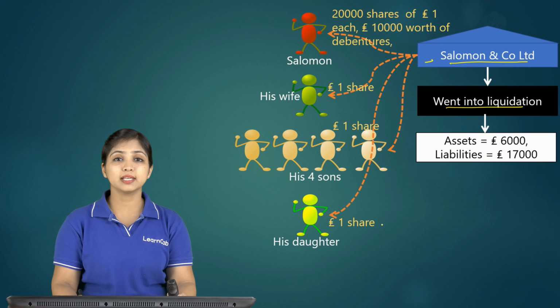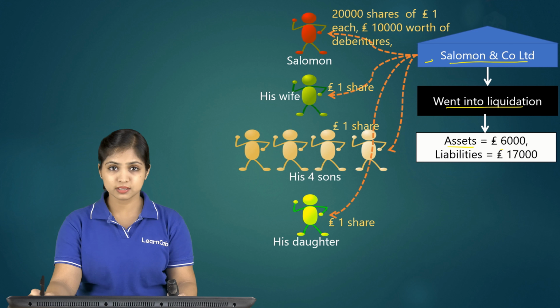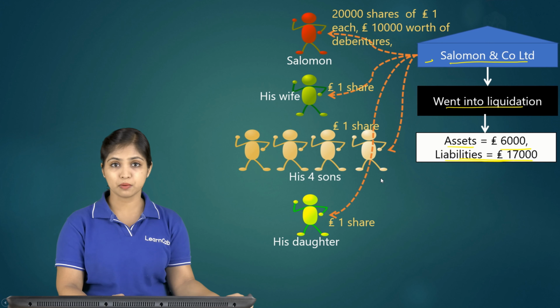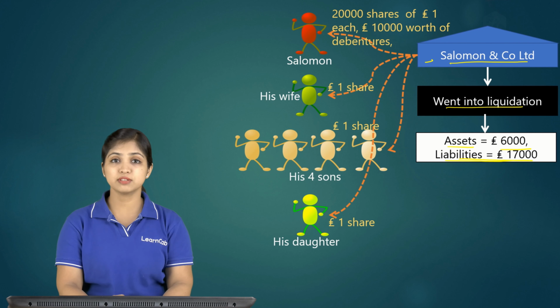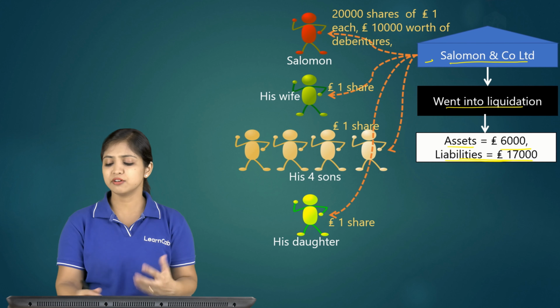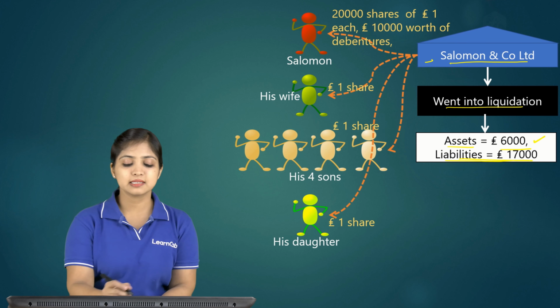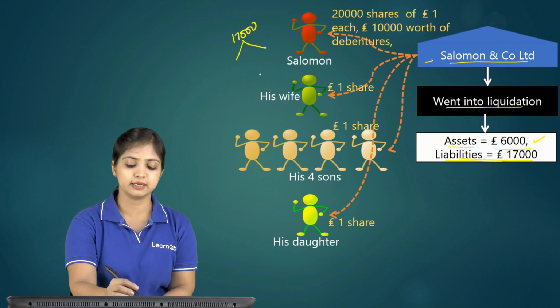Now when it went into liquidation, it was not doing very well. Its assets were only worth £6,000, but it had liabilities worth £17,000. So it had to pay outsiders to the extent of £17,000, but it had receivables only to the extent of £6,000. And this liability of £17,000 was basically into 2 categories, alright.